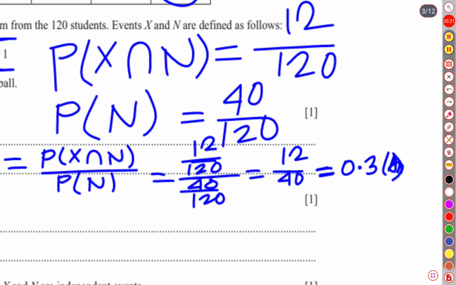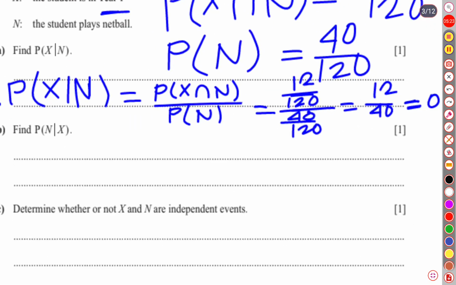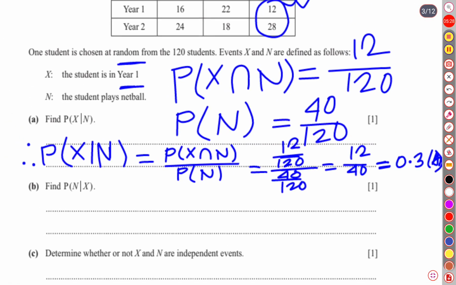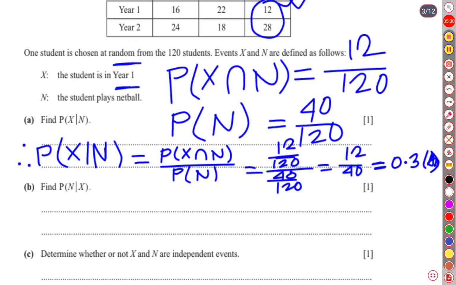Let's see what the next question says. It asks for the probability of N given that X. So it's almost similar to the previous one. The probability of N intersection X, we have already found, is 12 over 120.